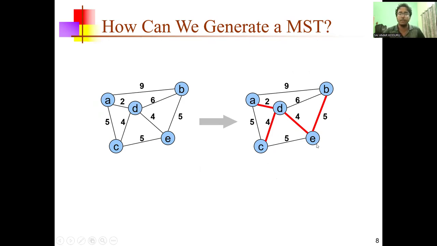And from D, we'll move on to E, again because it's the next least value. From E, we'll move on to B, because of 9, 6, and 5. This is the best way to move. So the MST would be something like A-D, D-C, D-E, and E-B.